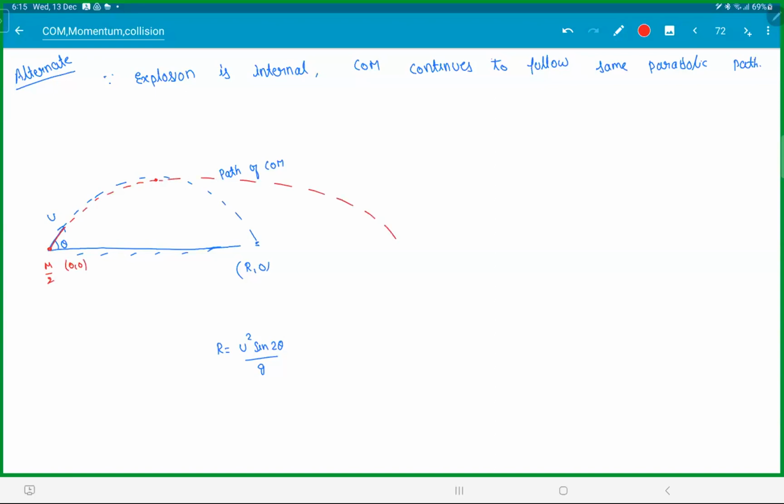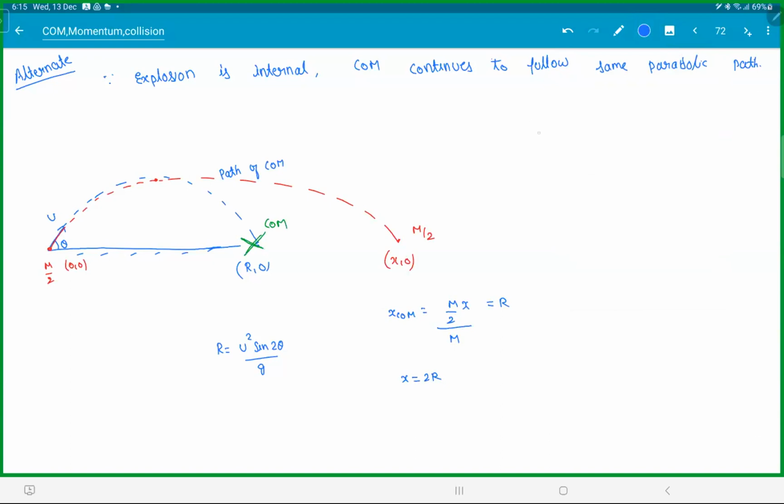The other one will go somewhere here, m by 2, which is x comma 0. And now the center of mass of these two is here. So if I apply this formula, x center of mass will be (m by 2)x by m, so x is equal to 2R. Easy. This gives you the answer fast.